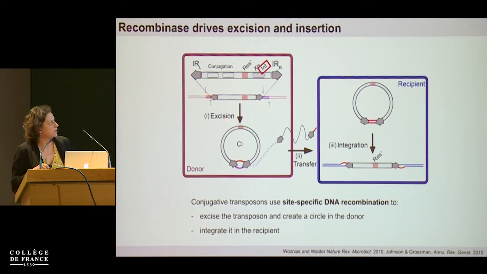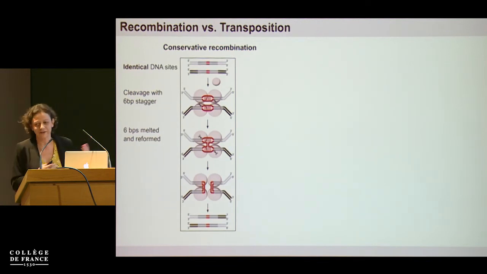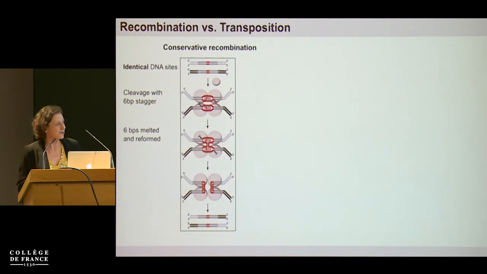Excision and integration of these elements is a process that is essentially based on DNA recombination. Now here it gets really mechanistic, but I hope you can bear with me for a second while I explain what the main questions were that we have been asking.